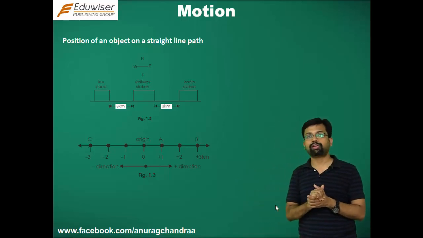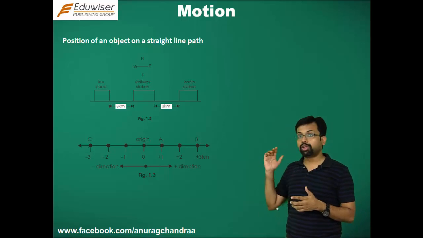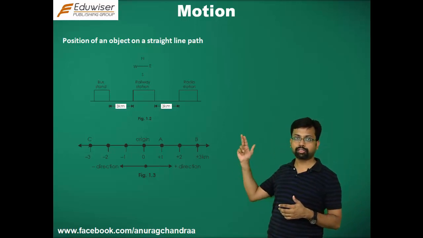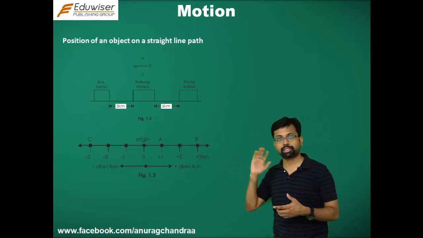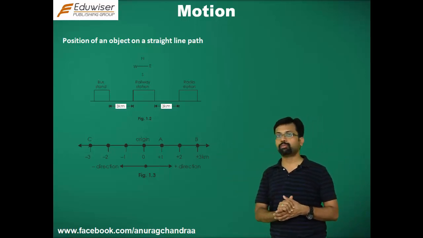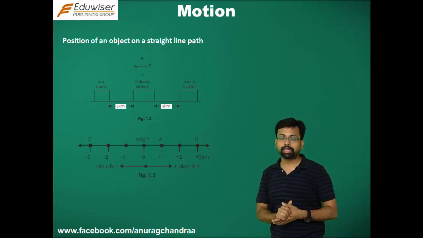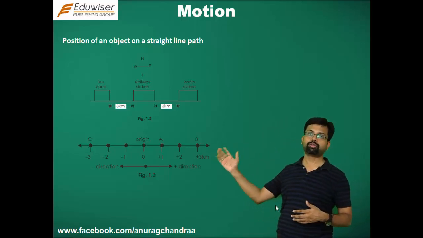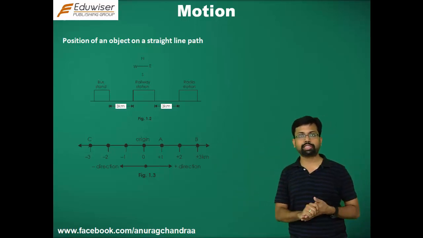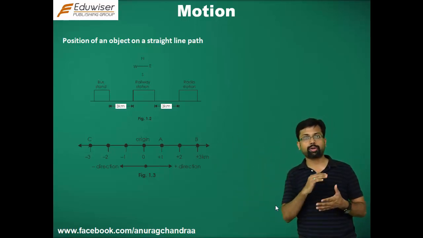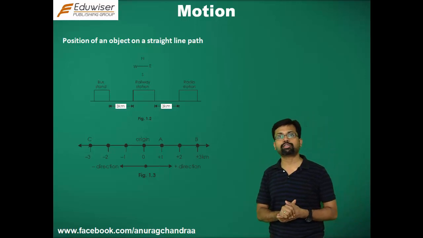Would you be able to define it clearly? You will not be able to know whether he is at the radio station or at the bus stand, because I have not stated in which direction he is moving. But the information of motion would be complete if I say that the person A has moved 3 kilometers to the east. In that case, you would know that he has reached the radio station. If I say that he has gone 3 kilometers to the west, you would be certain that he has reached the bus stand.